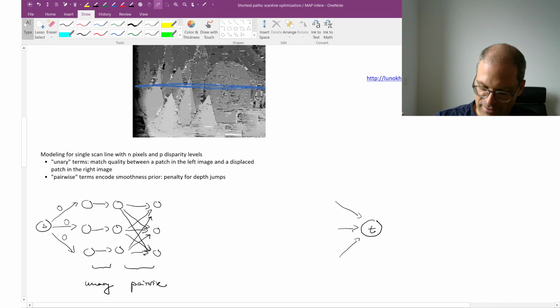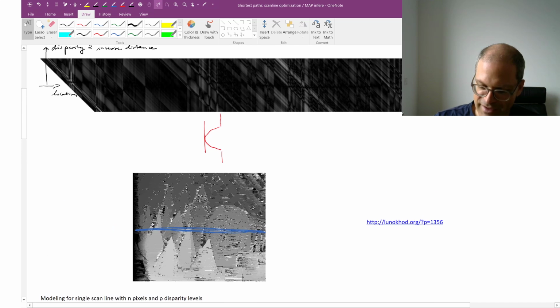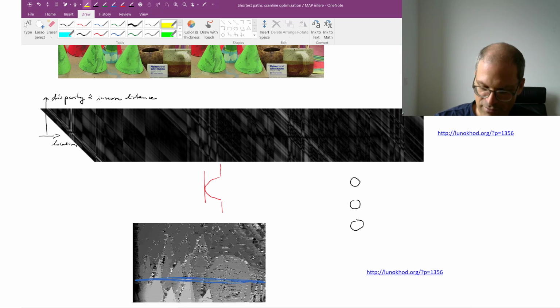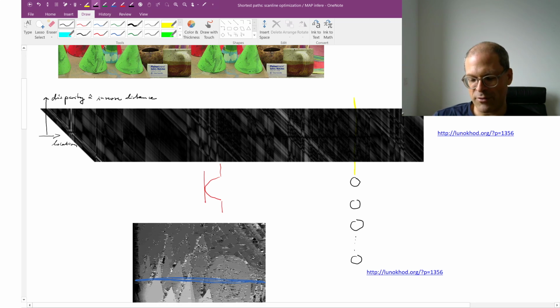In the language, or in the kind of diagram that we looked at in the Prince computer vision book, we would have here for this column these various states, and I cannot draw them all because I probably have something like 40 or 50 possible disparities, so I would need 40 or 50 nodes here.